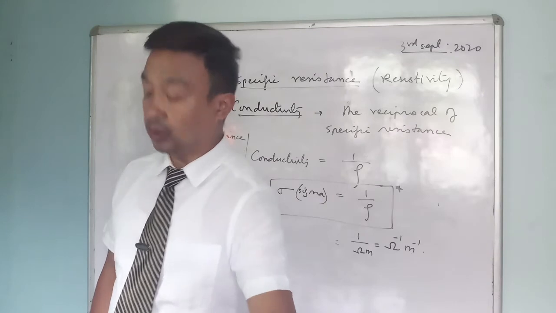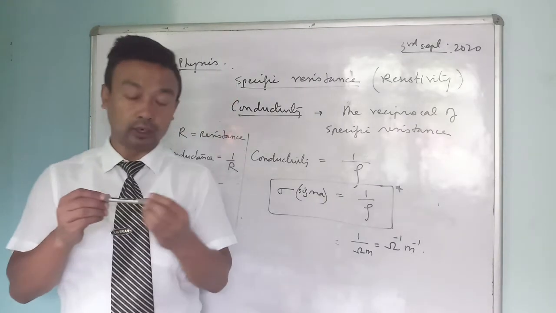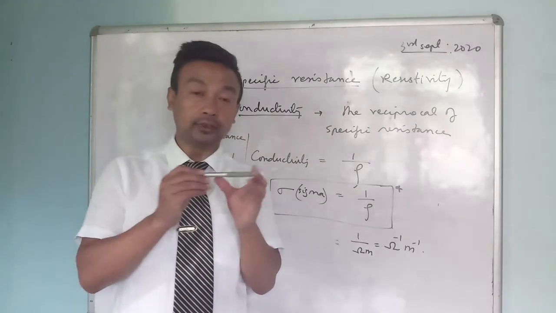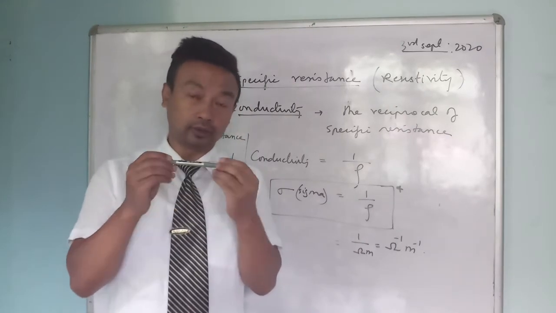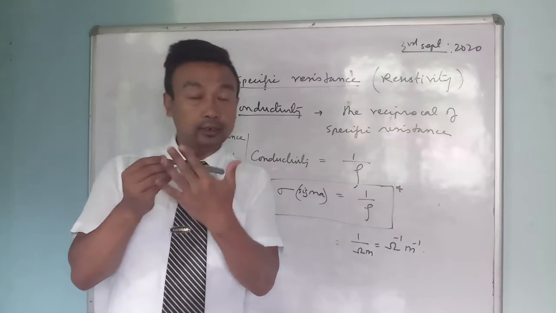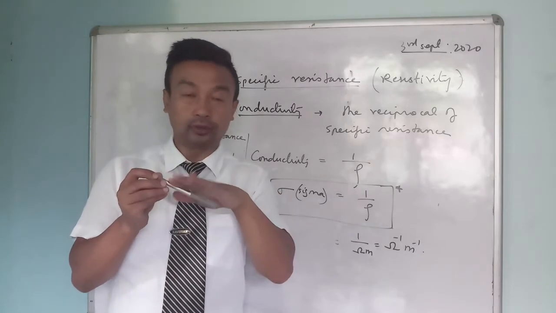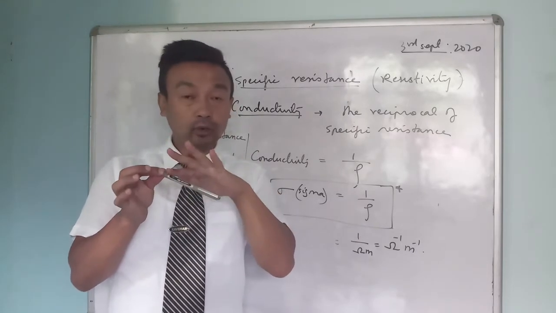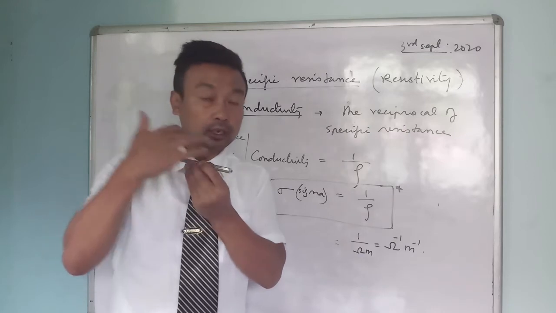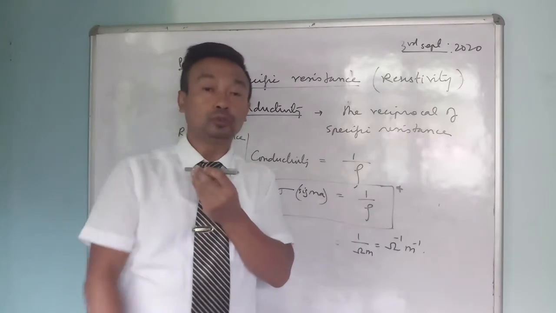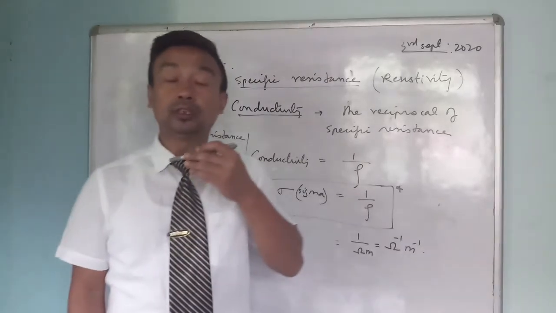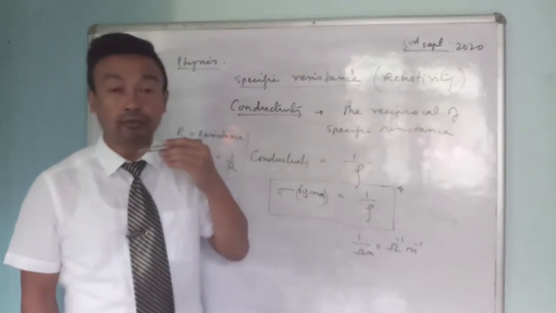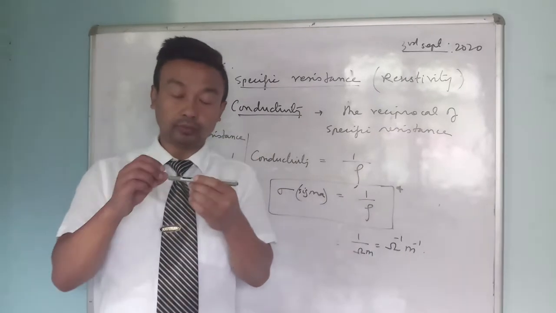So when a very low temperature is maintained, suppose I take this substance or a conductor, and it is maintained at a very low temperature. At a low temperature, it will have almost zero resistance. Resistance will not be there at all, or it will have infinite conductance.